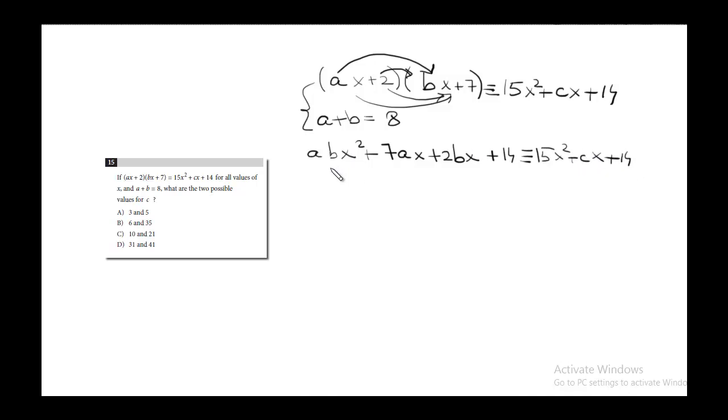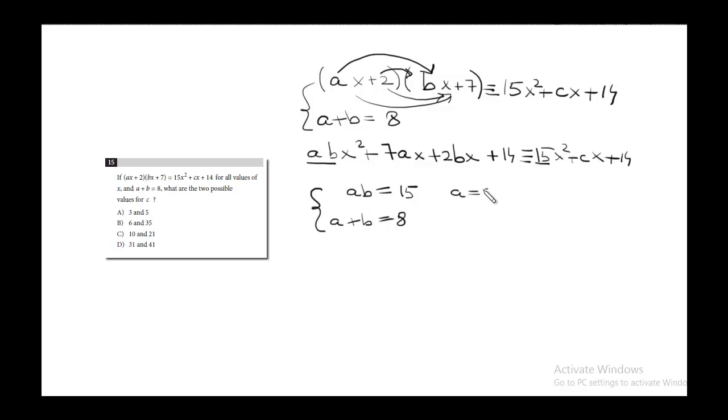Because this identity is true for all values of x, we compare the coefficient of x squared with the coefficient of x squared. Therefore, ab should be equal to 15. But we know that a plus b is 8. And we think, what two numbers multiplied have a product of 15 and a sum of 8?